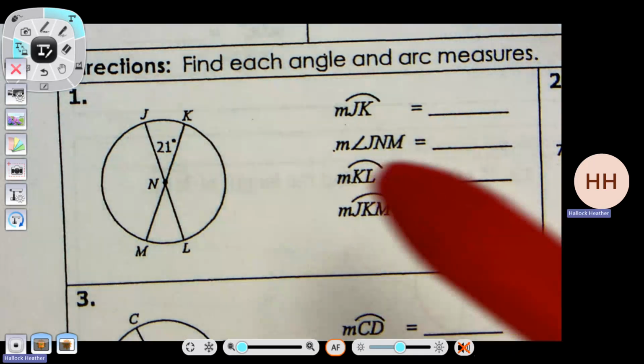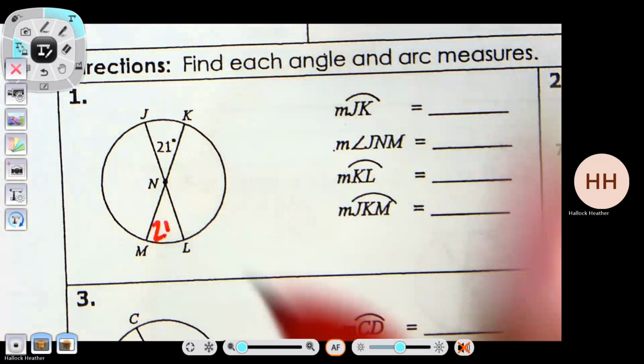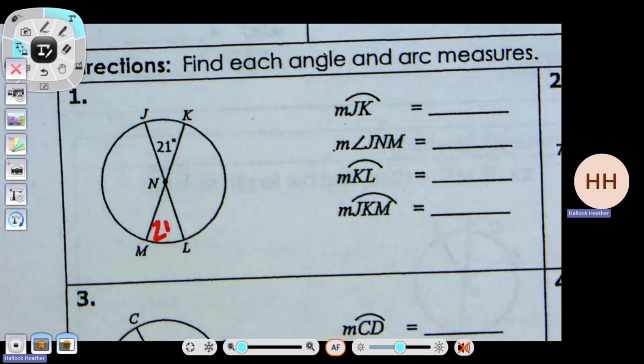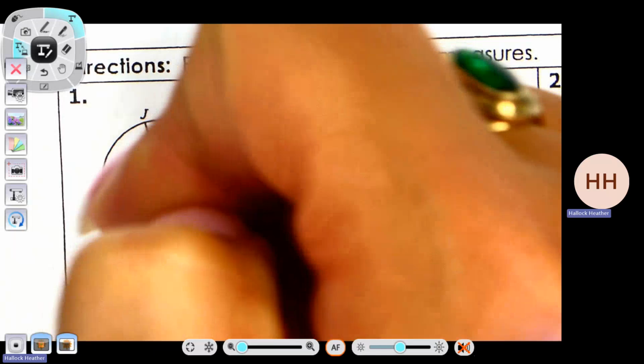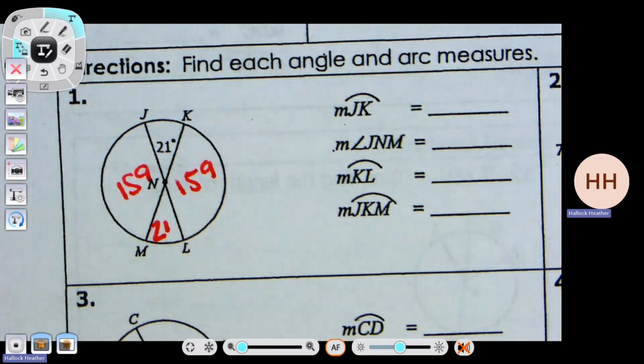Yeah, so 21 can go here, right? You're saying 21 can go here? Yes, and they match. So what's my one other missing number? 159 goes here, 159 goes here. Okay. You should have got that far.